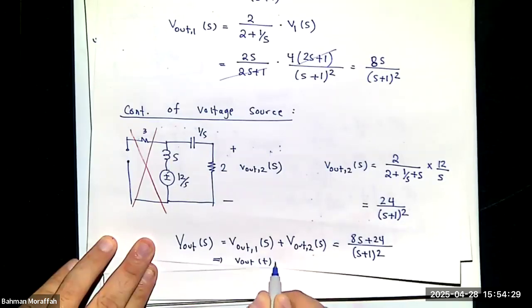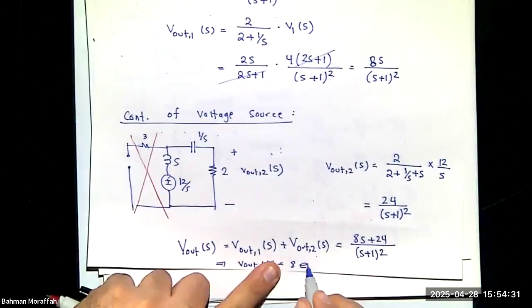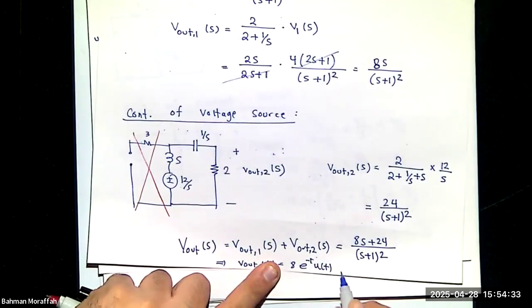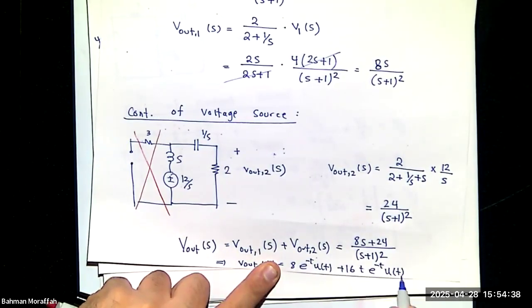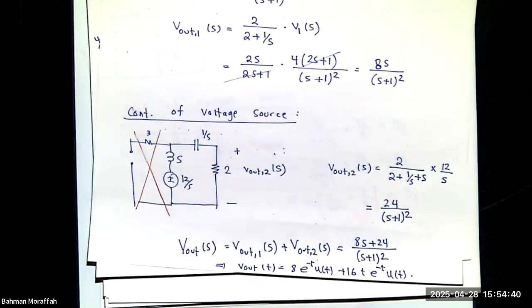V out of t is 8 times e to the power of minus t u(t) plus 16 times t e to the power of minus t u(t). Right? Does that make sense how we're doing it? Again, whatever we had before still holds. If we know exactly how to do superposition in the time domain, we can apply it in the S domain. Nothing changes.